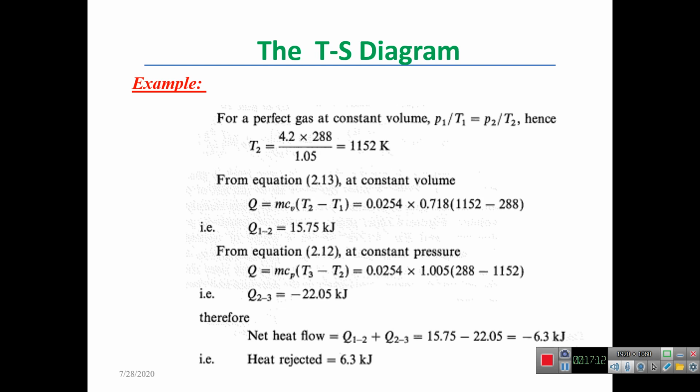At a constant volume we can also calculate the heat using the equation Q equals mCv into T2 minus T1. So the heat transfer during a constant volume process can be calculated as Q equal mCv into T2 minus T1. Cv, as we have shown before, is the specific heat at constant volume.